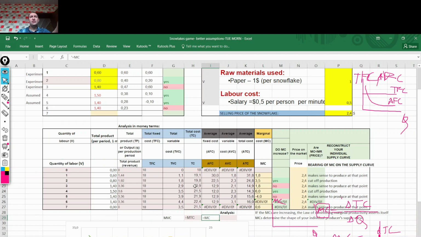extra total costs change precisely because total variable costs change. This changes, this changes, the same in both: 0.9, for example, here, 0.9 here, 1.1 here, 1.1 here. You see, the change is the same. So because the two are the same, we can just call them the marginal cost change.